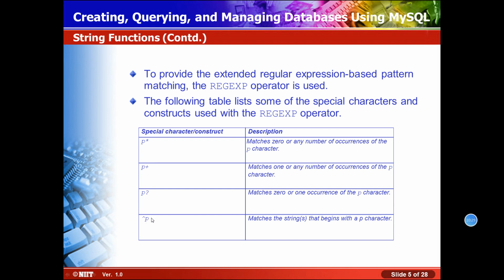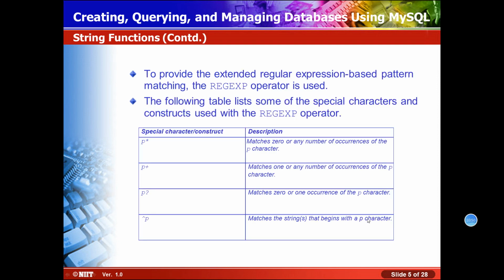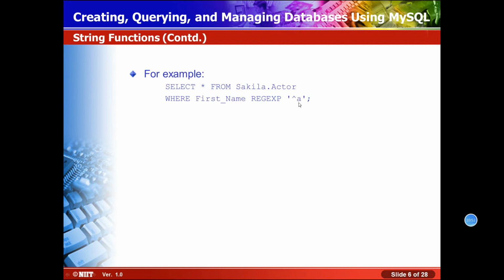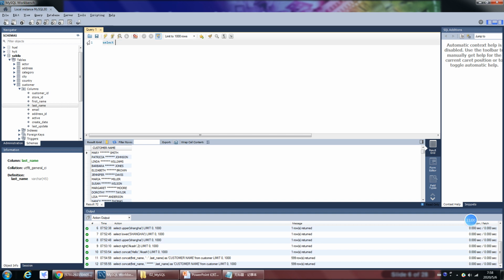Now let's take an example. Look at this example. Select star from actor where first name REGEXP caret a. What do you mean by this? This means all my first names must start with a. That begins with p character here, so here it should begin with a character. Let's try this. I'm going to delete this now. So select star from which table?